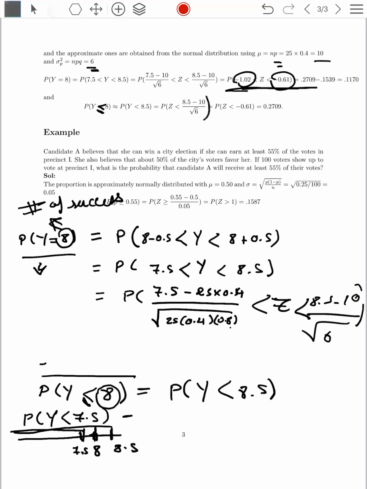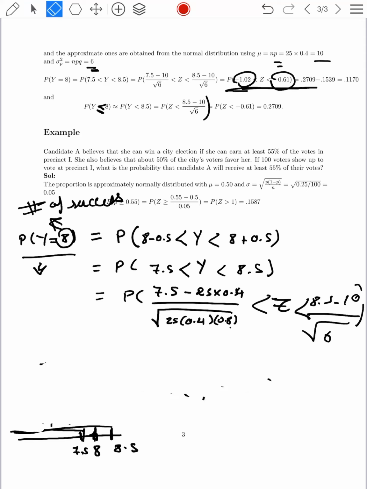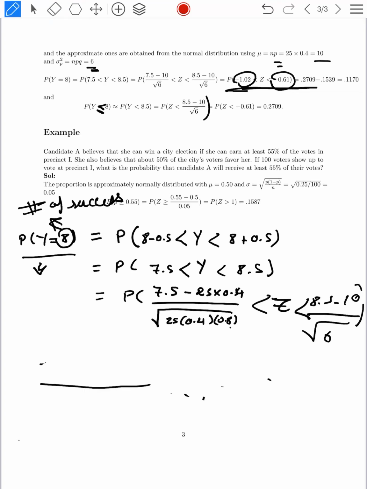Okay, so let's have a summary here for the continuity correction. For example, if x or y is between 1 and 2, with 1 and 2 included, I would like 1 to be included.